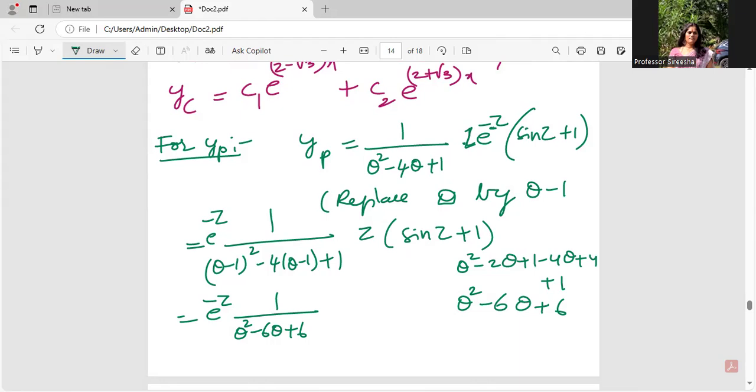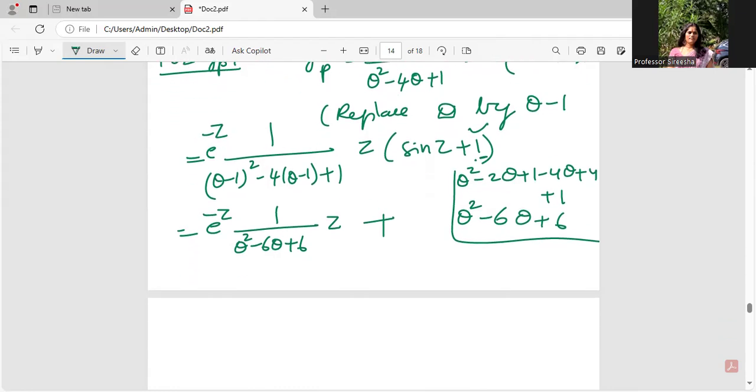Last term is z, only z. And then the second term, just see the first term, whatever is there, that would be e power minus z, 1 by theta squared minus 6 theta plus 6 into z sin z is what I will have.